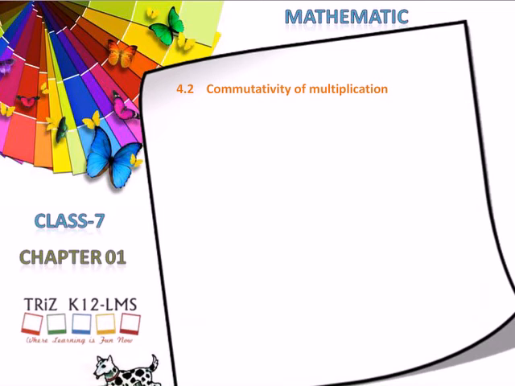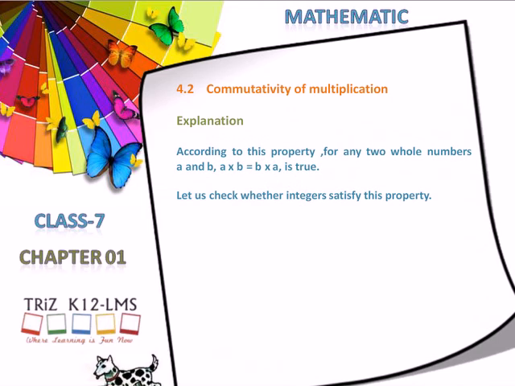4.2 Commutativity of multiplication. Explanation. According to this property, for any two whole numbers a and b, a into b is equal to b into a is true. Let us check whether integers satisfy this property.